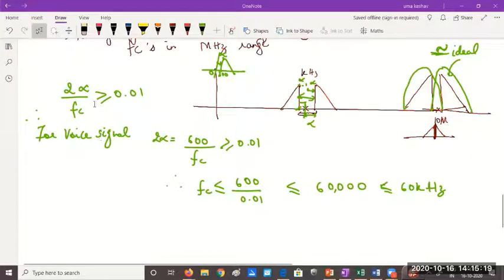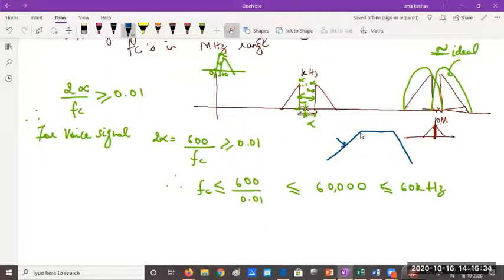you can design a band pass filter which will filter one sideband correctly, eliminating the other sideband. And when I say correctly, I am only taking a factor of 40 dB roll off. This rate of change of gain, what we call roll off, is 40 decibels per decade when I consider this condition.